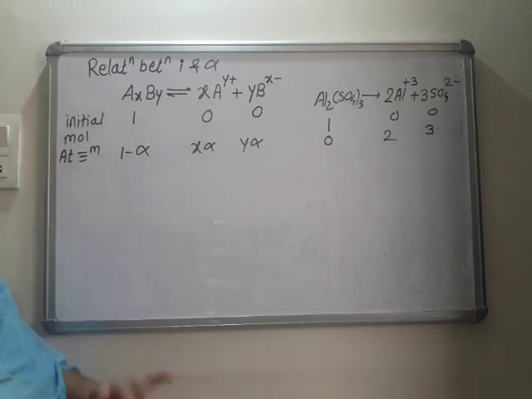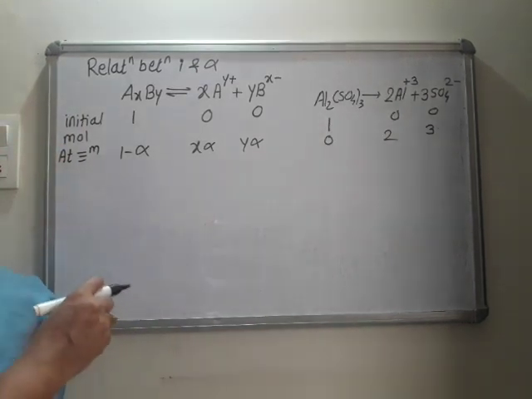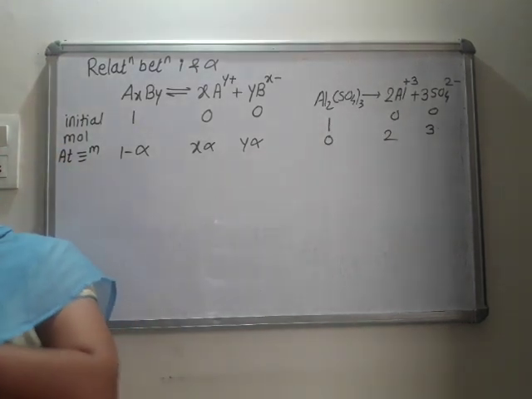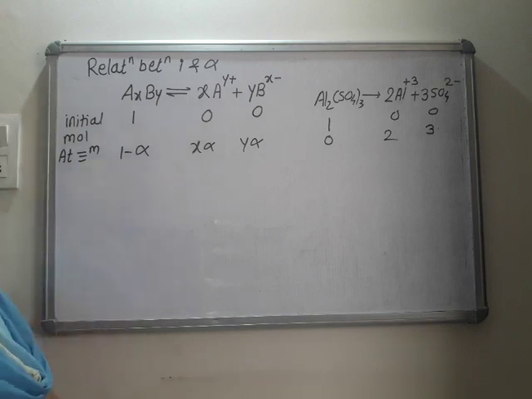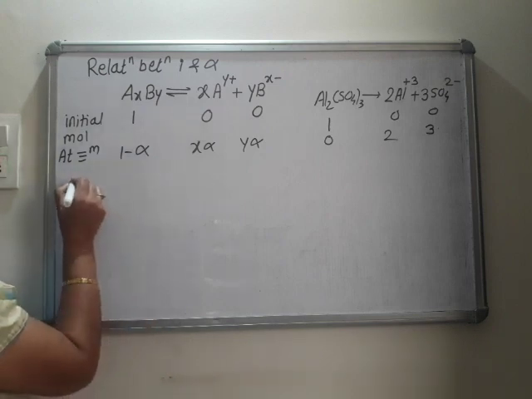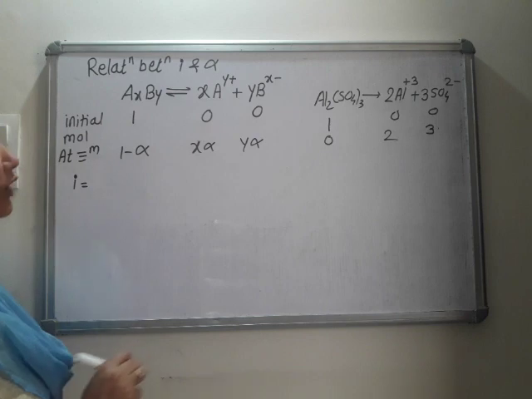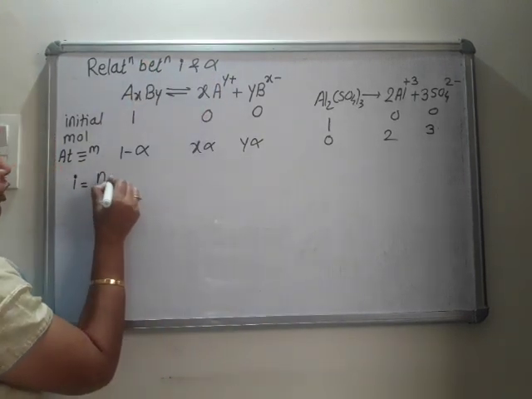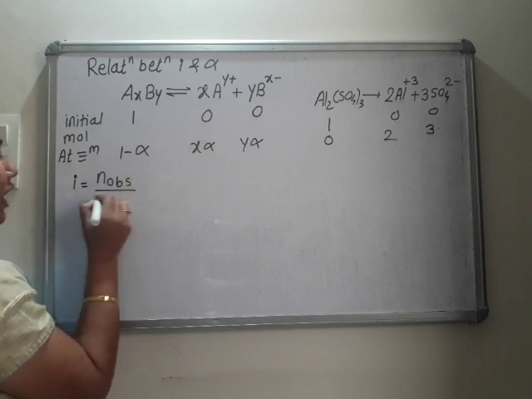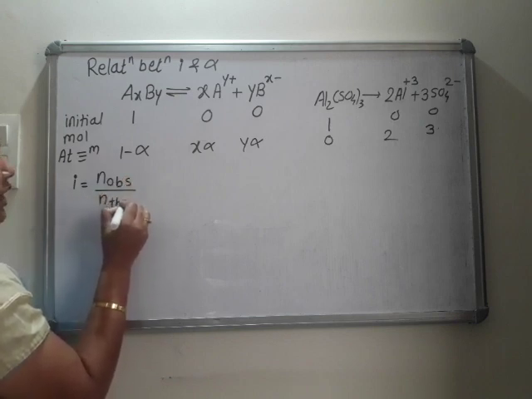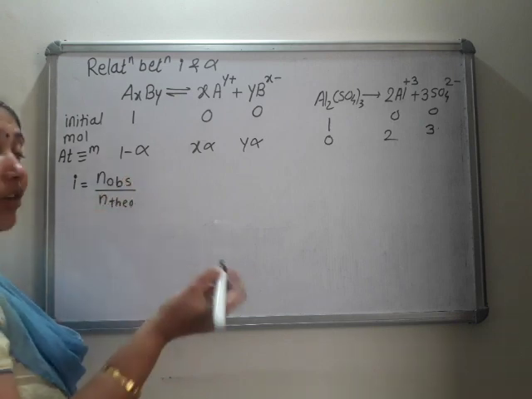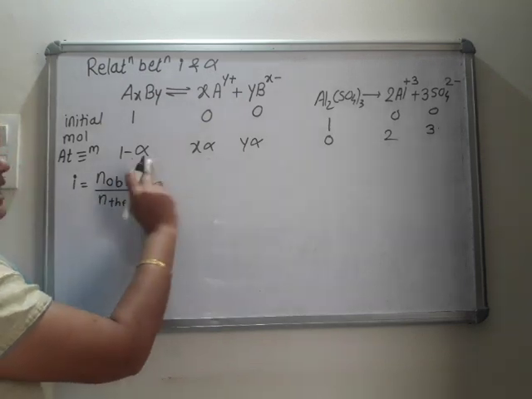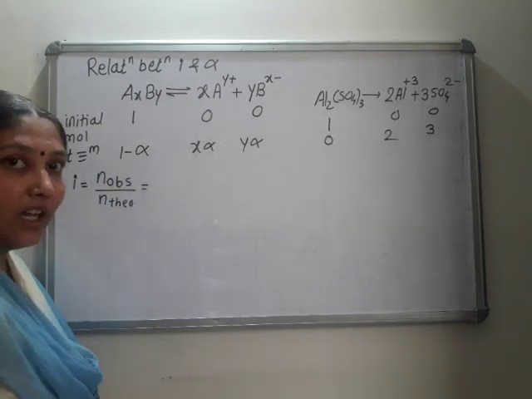Okay, so this is at equilibrium. This is the relation at equilibrium. Now let us find its van't Hoff factor. We have to find the relation between i and alpha. What is i? Number of moles observed upon number of moles theoretical. Number of moles observed means the total number of moles present at equilibrium.